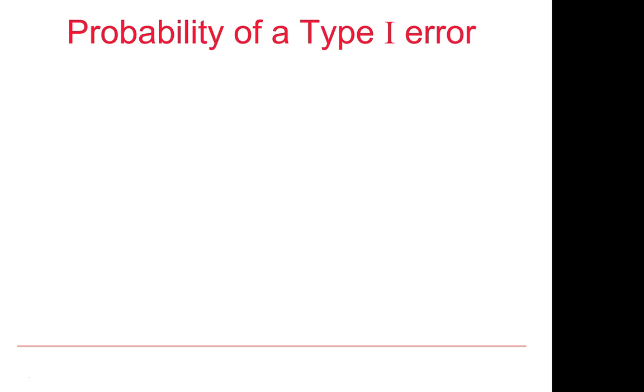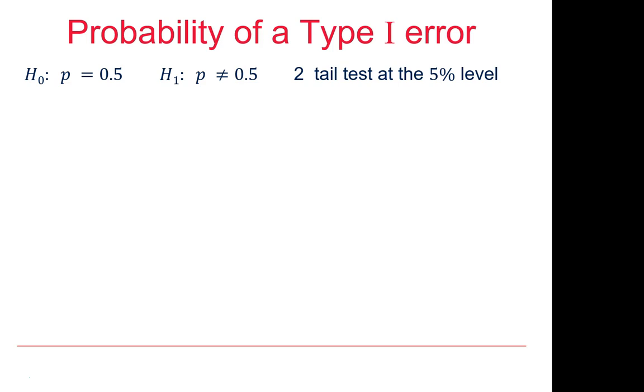So if we look at the probability of a type 2 error for this scenario, our test is going to be that the coin isn't biased, so the probability of obtaining a head P equals 0.5, or it does not equal 0.5 because there's a two-tailed test here.